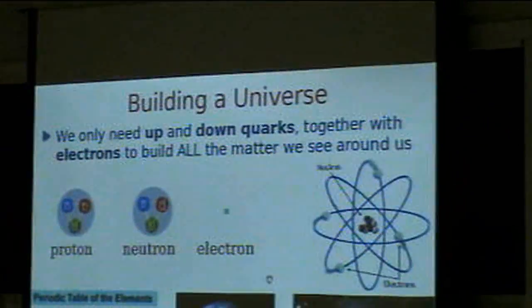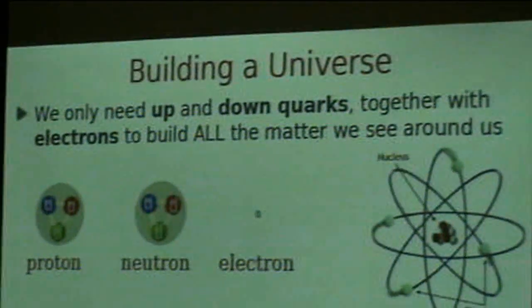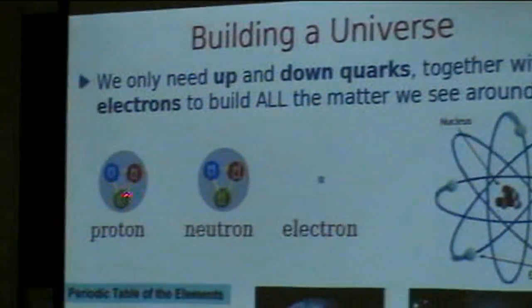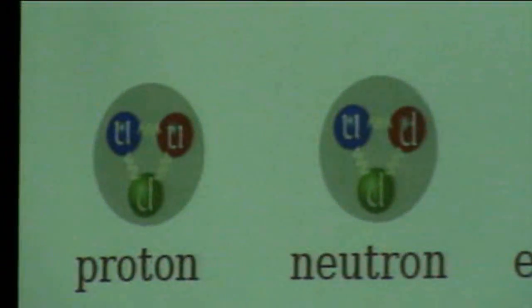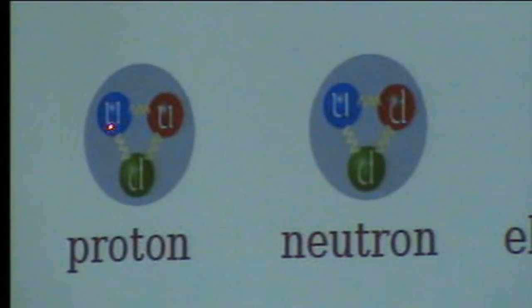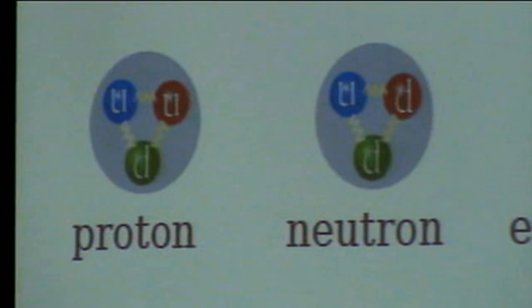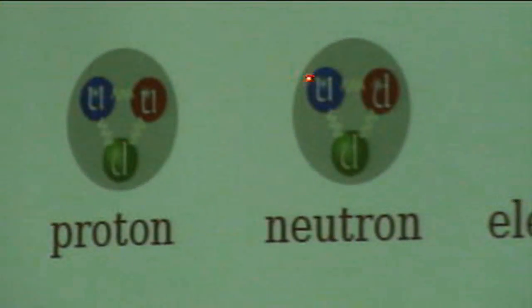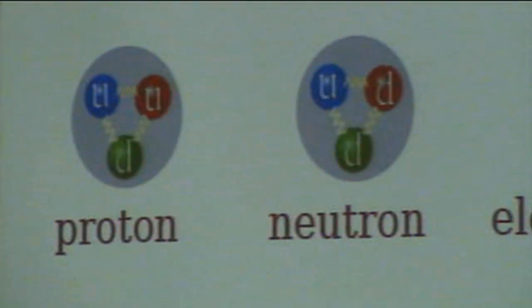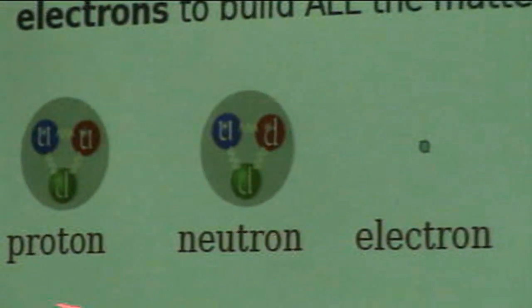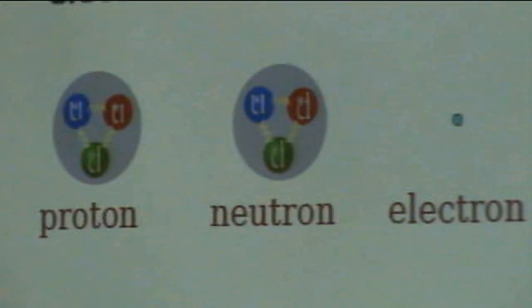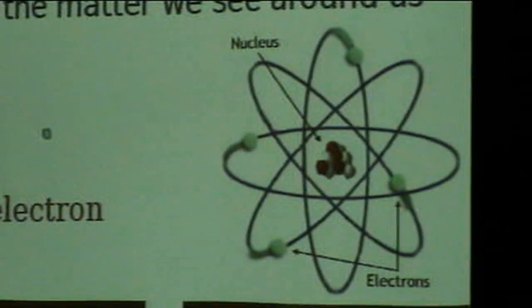So again, let me come back to this very simple picture that you just need up and down quarks to form a proton. Actually, a proton is made of 2 up quarks and 1 down quark. And then a neutron is made of 2 down quarks and 1 up quark. Okay? And when you put this together and then add an electron, that's it. You have atoms.